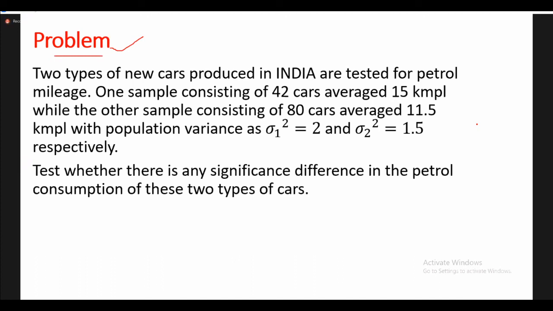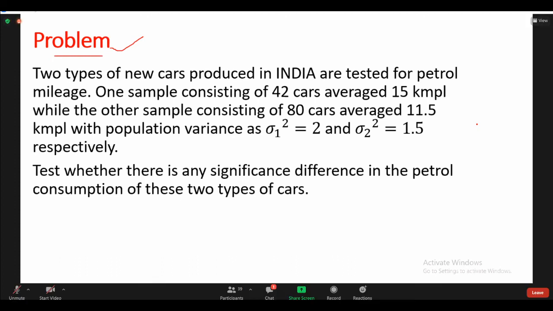See here, two types of new cars produced in India were tested for petrol mileage. One sample consisting of 42 cars averaged 15 kilometers per liter, and another sample consisting of 80 cars averaged a different mileage. Yes, two-tailed test, large samples, very good.